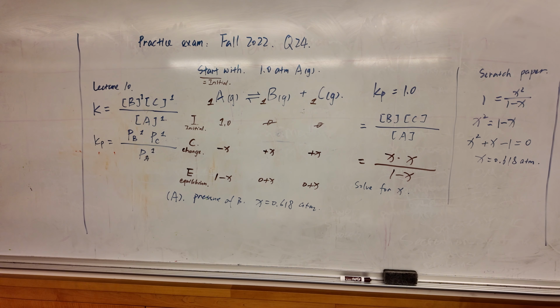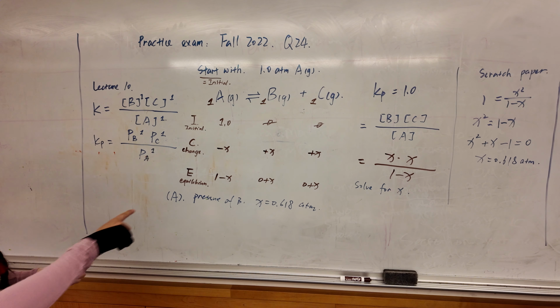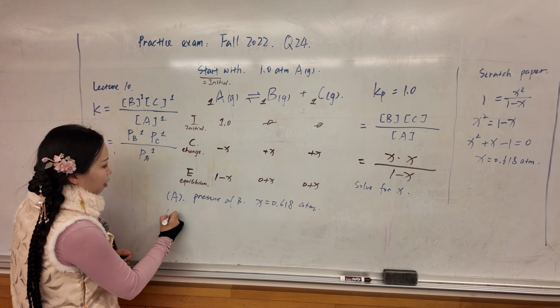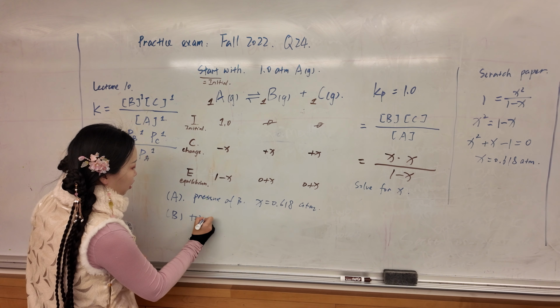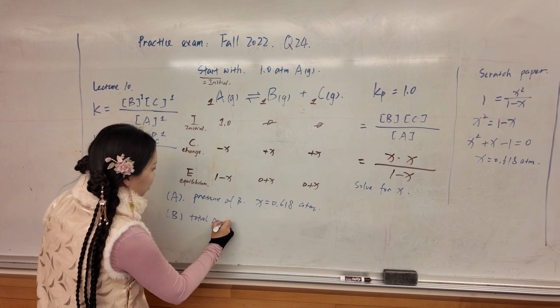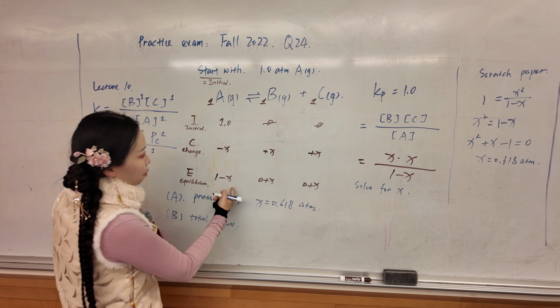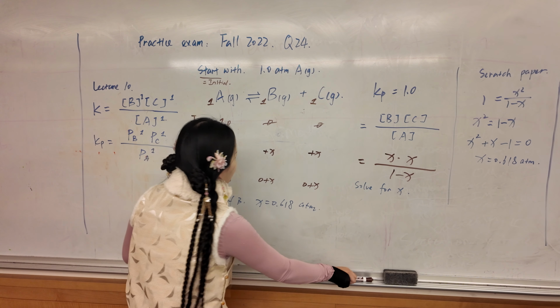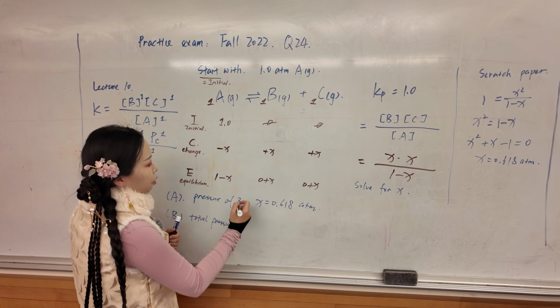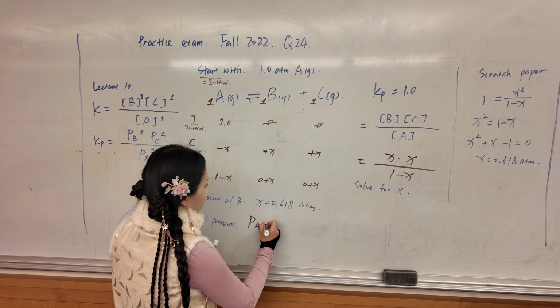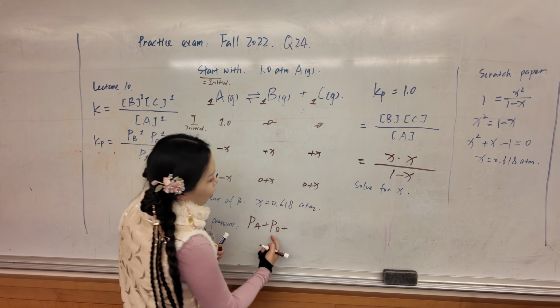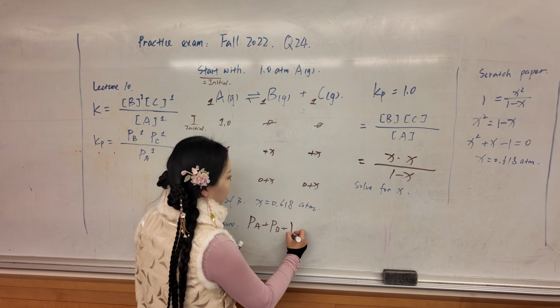What is the total pressure in atmospheres? Then for part B, total pressure, which means you need to add all of them, right? So at equilibrium it is PA plus PB plus PC. That's Dalton's law, what we learned today.